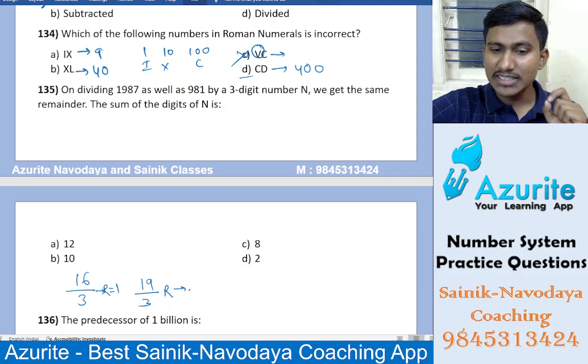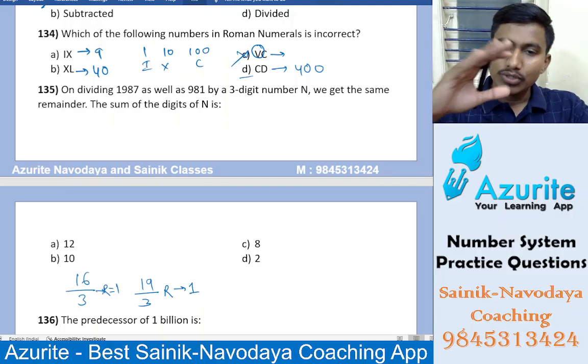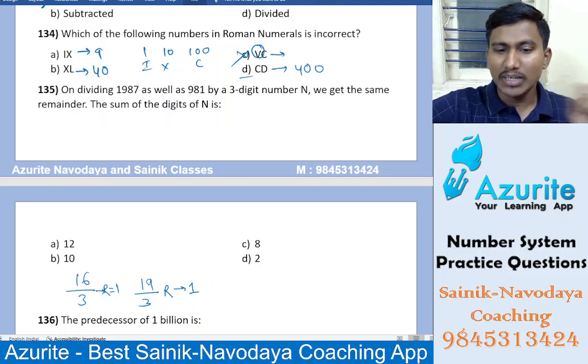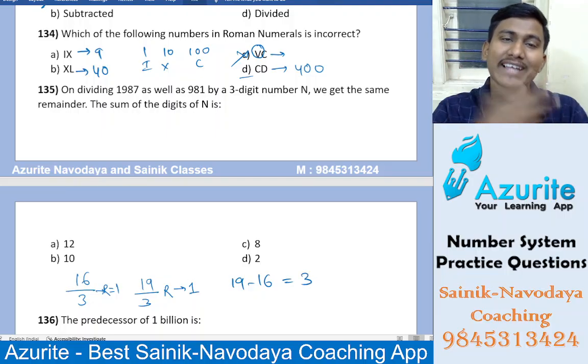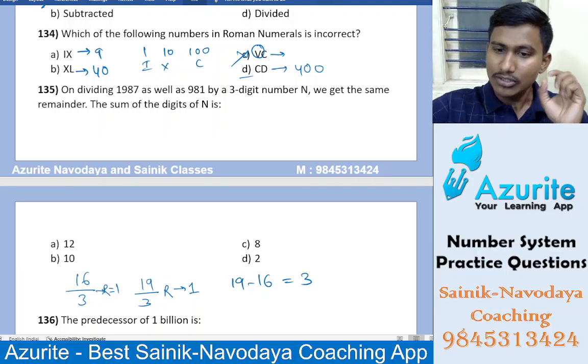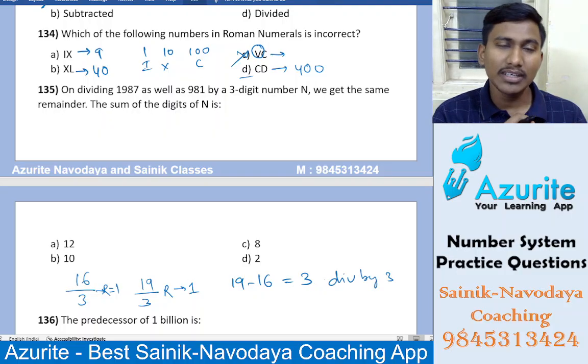Now if you subtract these two numbers, 19 and 16, you get 3. The remainder gets cancelled out, so the answer is 3, which is divisible by 3.